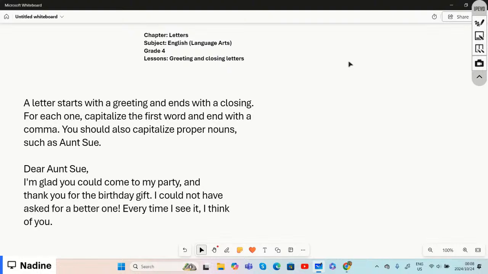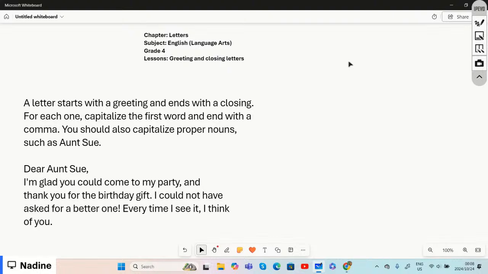All right. And now, when it comes to letters, if you were asked to write a letter to someone, think of it as if you were to send somebody a message. It's the same purpose as writing a letter, because nowadays we write more emails.